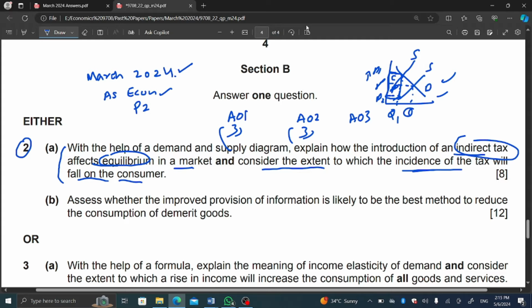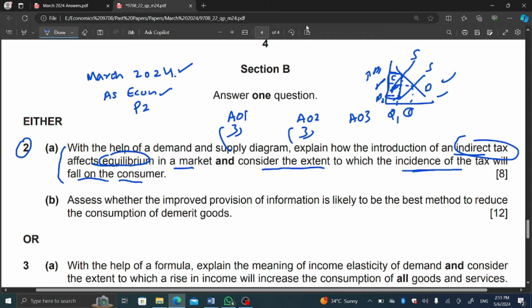Inelastic demand is when a change in price leads to a less than proportionate change in quantity demanded. So consumers have to purchase the product even at a high price, and more tax burden falls on the consumer. However, if demand is elastic, a little change in price will lead to a greater change in quantity demanded, so less tax burden will fall on the consumer.